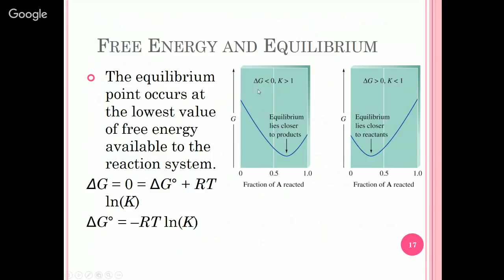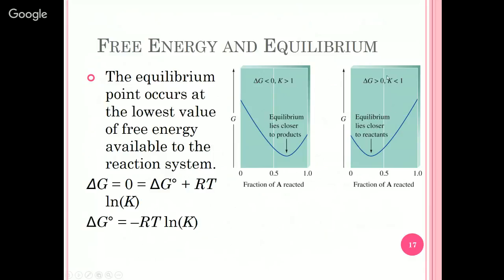So in this instance, it is a spontaneous process because delta G is less than 0. And then our equilibrium constant is greater than 1. So both of these say that the reaction favors the products. It spontaneously occurs, and K is big enough to show that we favor products.